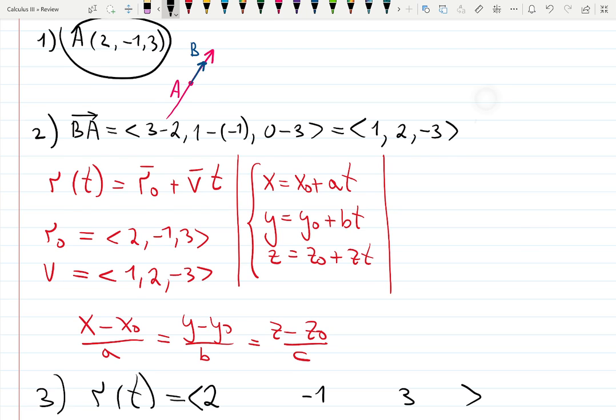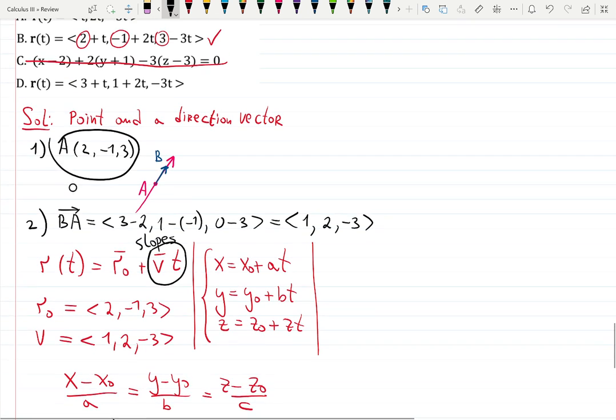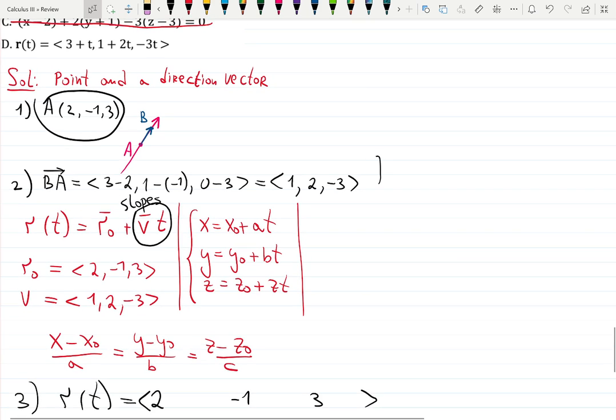And then, just like over here, you add this slope part. This is the part which basically represents slopes. A directional vector, right? With the directional vector we found being (1, 2, -3).